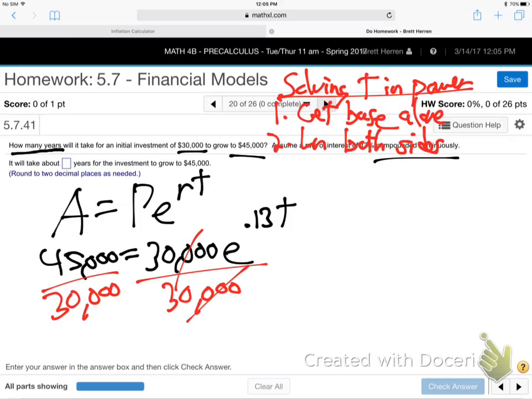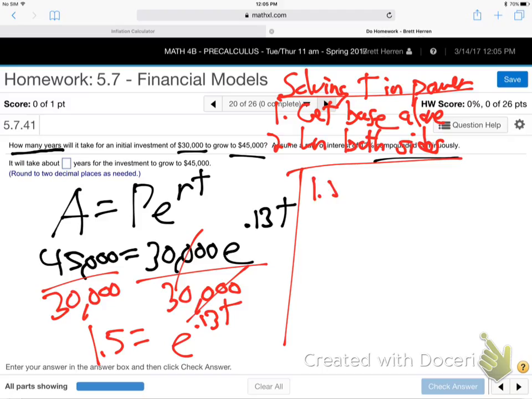You got to get that base alone first, then ln both sides. So divide by 30,000, that's 1.5. And now the base is alone, ln both sides. I'll bring it up to here. Whoops, gonna run out of room. 1.5 equals e to the 0.13t. And then we ln. So once you get the base alone, then you ln both sides.